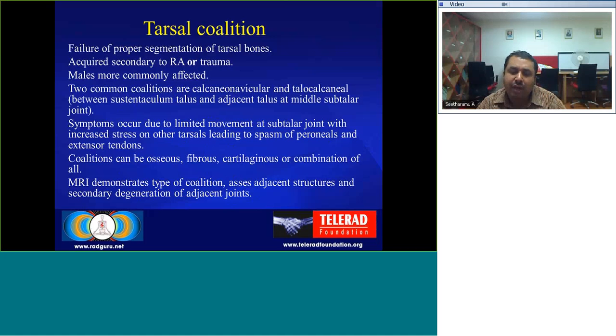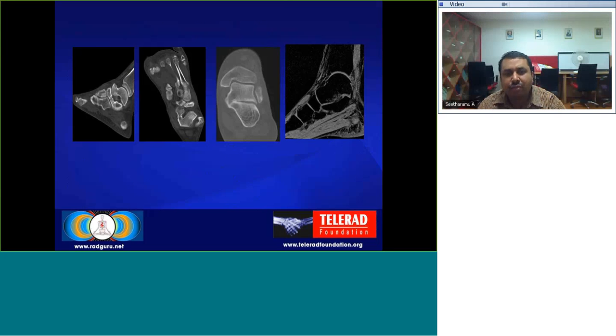MRI is used to assess, especially in case of fibrous or cartilaginous coalitions, because osseous coalitions are best seen with CT, and to assess changes in adjacent structures and joints, like edema of the surrounding tendons and associated degeneration of the adjacent joints.